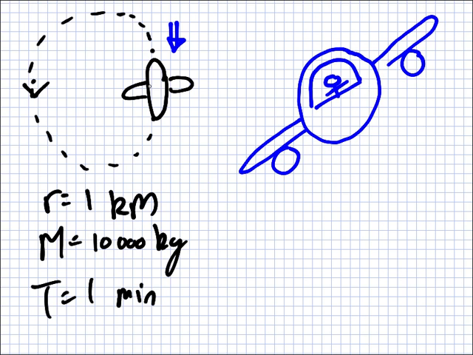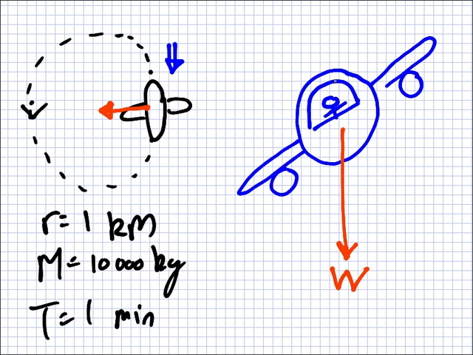Here you can see there must be a force towards the center, but you can't see the weight of the plane. Whereas if you look at this picture, you can see the plane obviously has a weight. But there's another force on the plane in this picture. What is it? The lift, yeah.